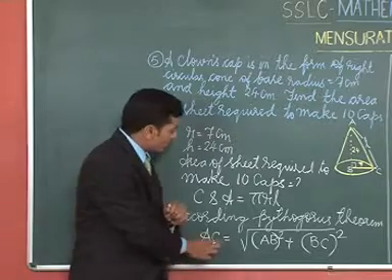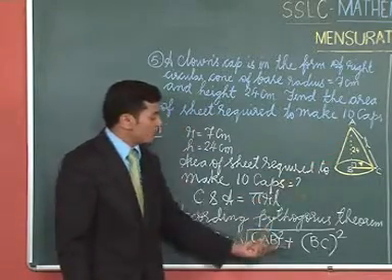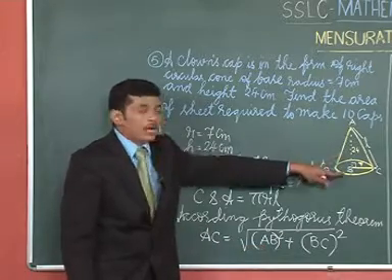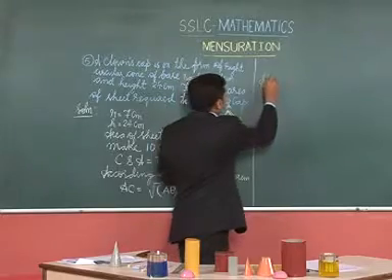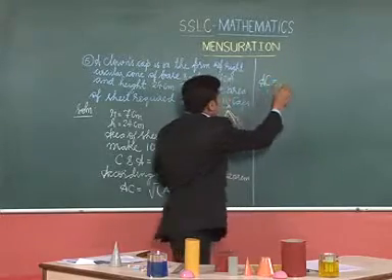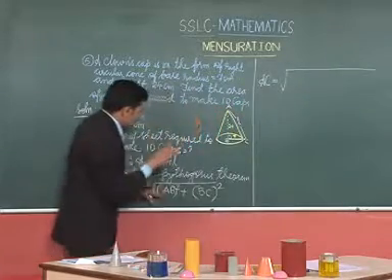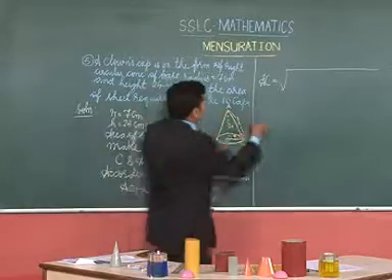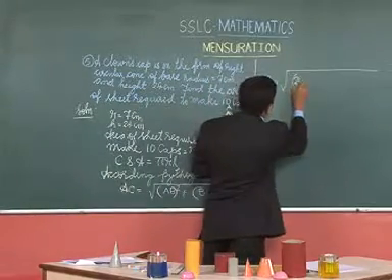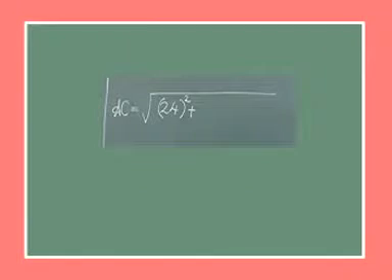So to calculate the length of AC, that is the slant height of the cone, let us substitute the value of AB and BC in this formula. So now AC is equal to under root AB square. What is AB? AB is equal to 24. So 24 square plus, what is BC? Yes, it is 7.